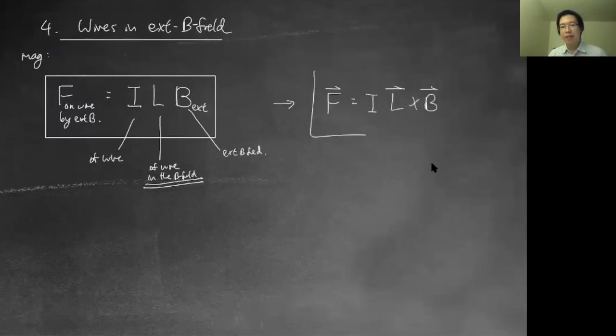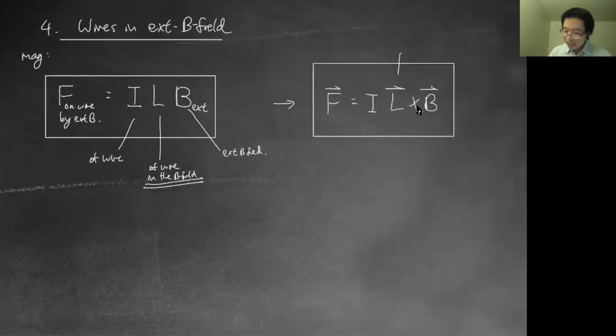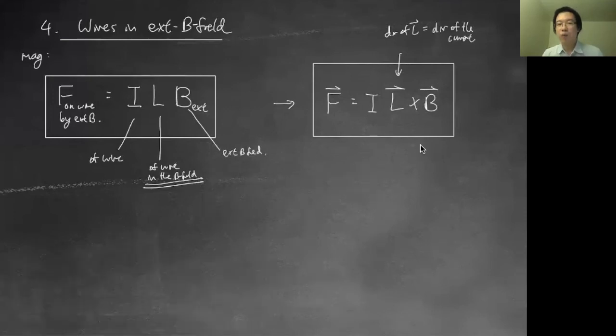The direction of this L vector is equal to the direction of the current. For some historical reason, we don't put the vector sign on the I. We want to keep that as a scalar, and we want to keep the length as a vector. In some sense, you can treat these as one object, I times L. But the L is directly referring to the direction of the current.